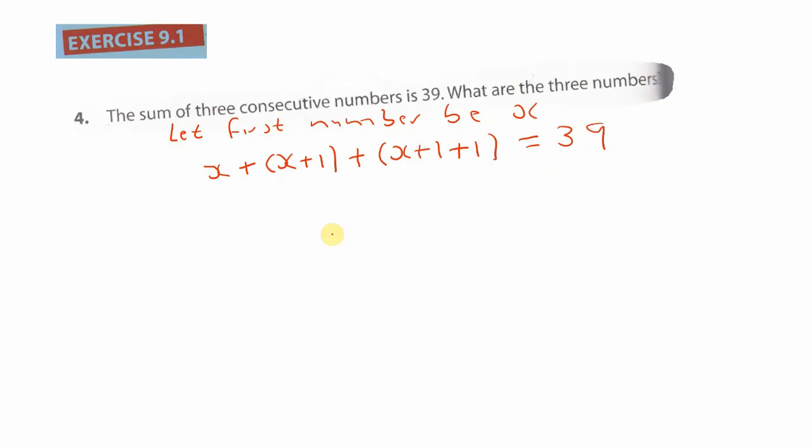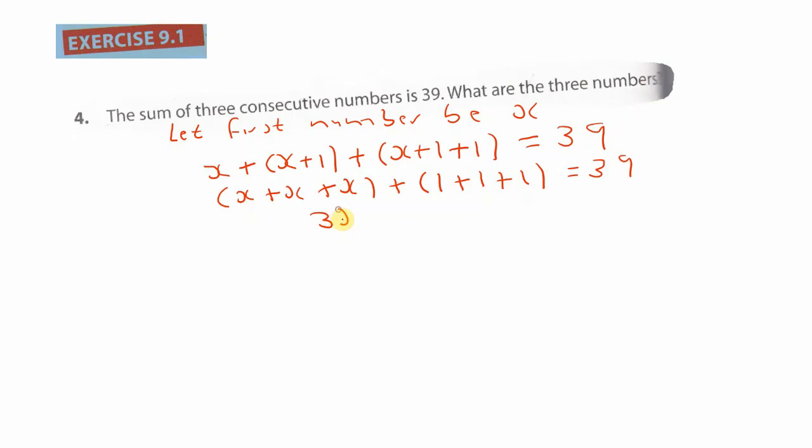Let's just simplify it. So let's add all the x's, or group all the x's. So we have x plus another x plus another x. So we have 3 x's. And then let's add the numbers. We have a 1, we have another 1, and we have another 1. So that's equal to 39.